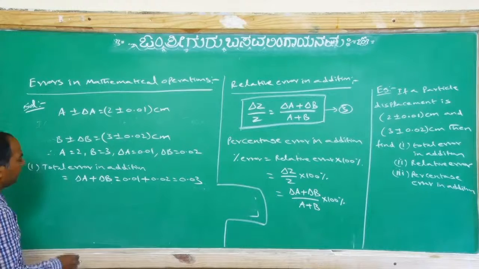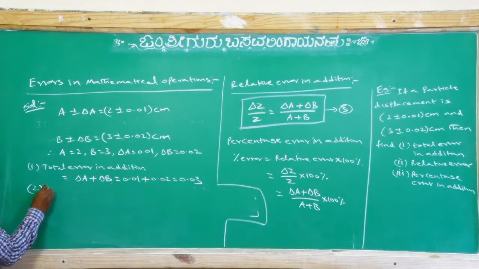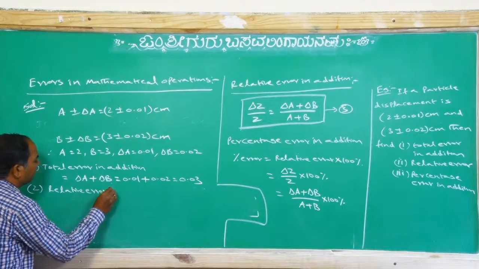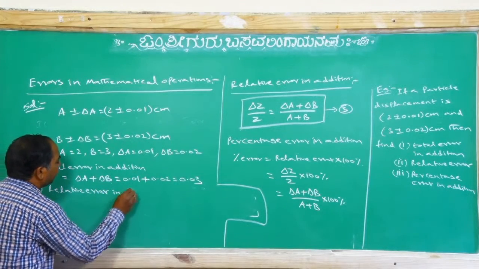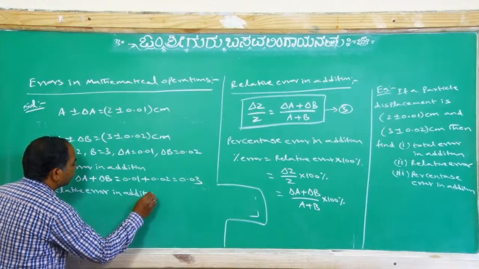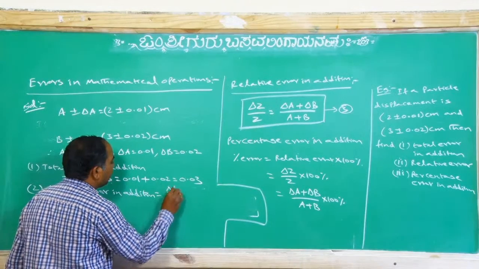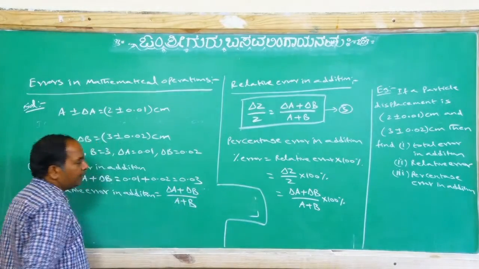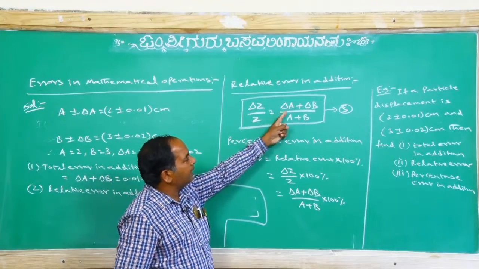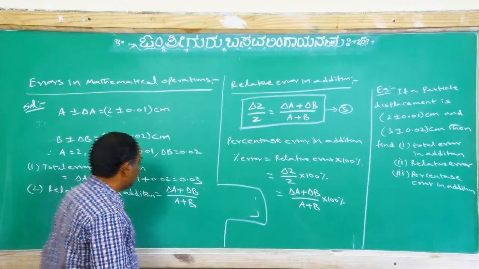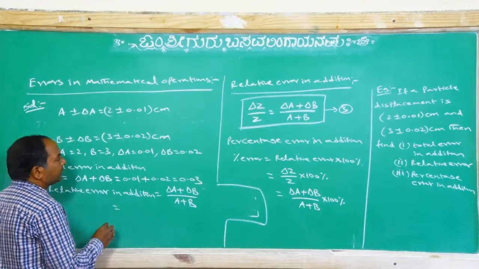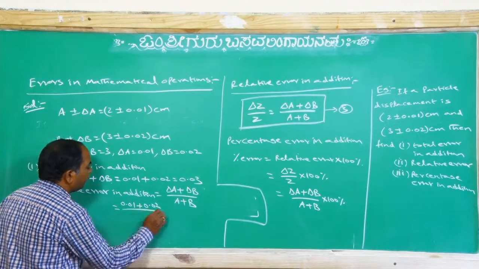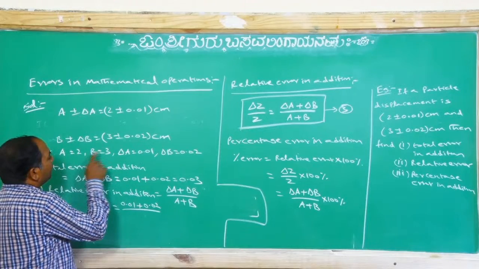Next, the second one, relative error. Relative error in addition is delta A plus delta B divided by A plus B. Here, delta A plus delta B is 0.01 plus 0.02, divided by A plus B, which is 2 plus 3.